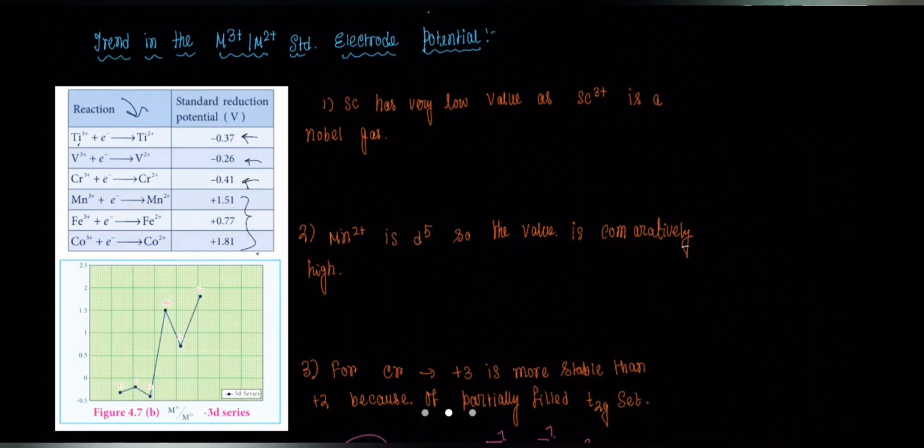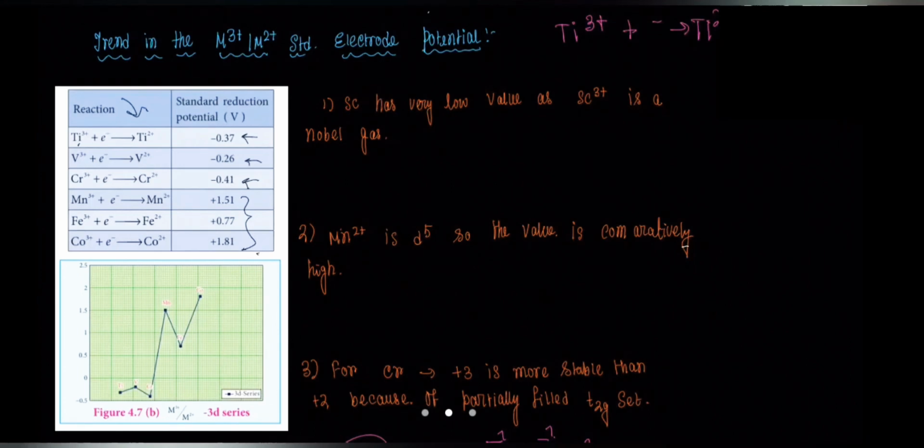Now first, let's understand what they are trying to tell you in this particular case. So let's say you have titanium 3 plus. You are reacting that with an electron. Let me just rewrite it, it's not that visible.